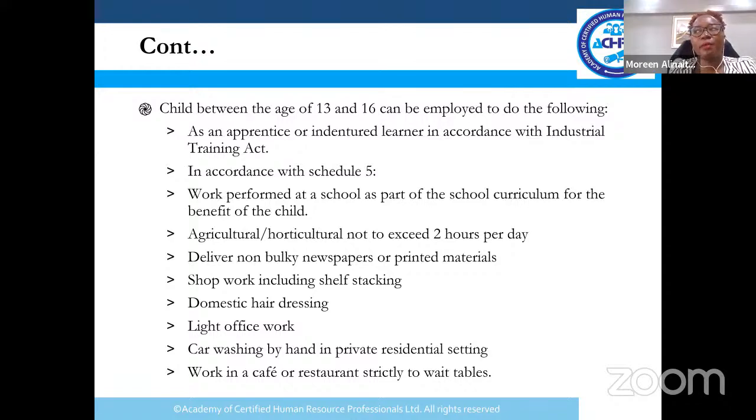Now, earlier on in my practice, I encountered something very interesting. There was a school training children how to make bricks. They were doing bricks at the school, and it was part of the curriculum. And then they would pay them, I think, 50 shillings. I don't remember the amount, but there was a small amount they used to pay them.